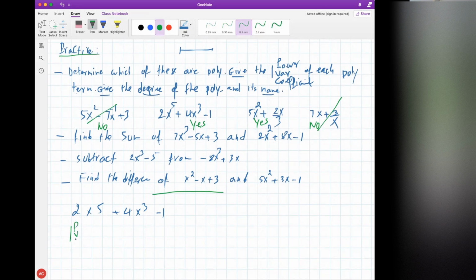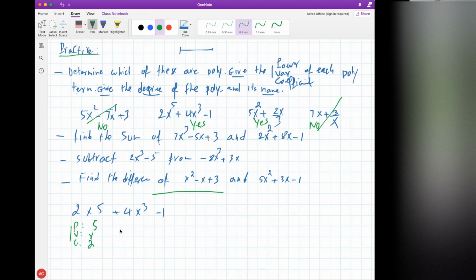Power, variable. The power is 5. The variable is x. The coefficient is 2.